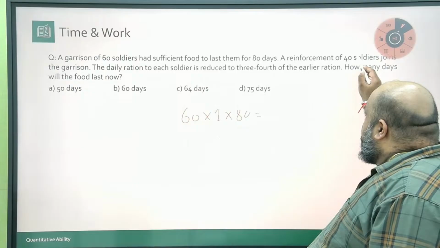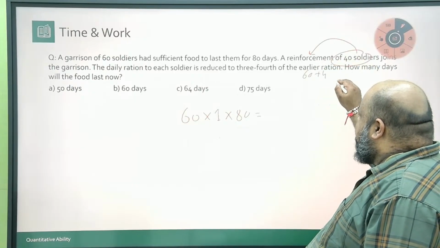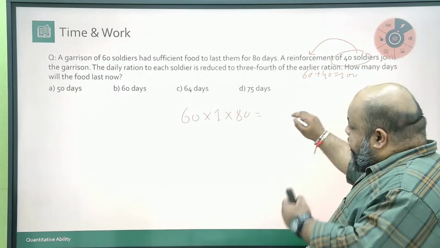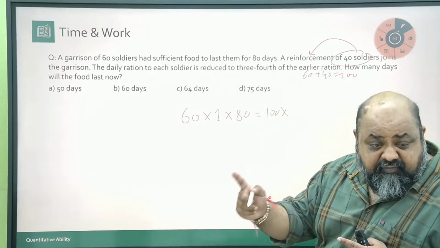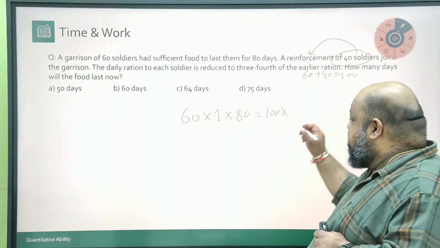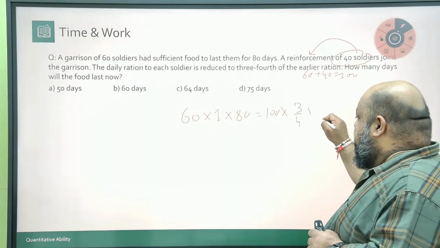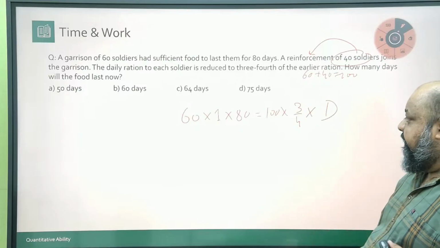Now, 40 soldiers are added. So 60 plus 40 becomes 100. The ration that they're eating every day is not 1, but 3/4 of what they were eating. So instead of 1 kg, you eat 3/4 of a kg. So 3/4. And we have to find the number of days. So this is what I'm solving.